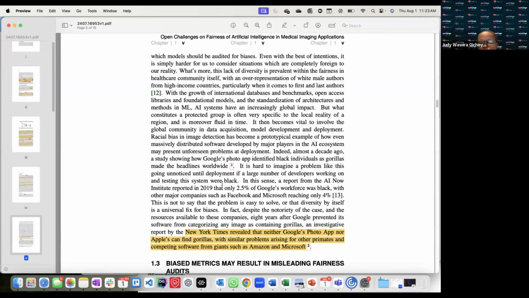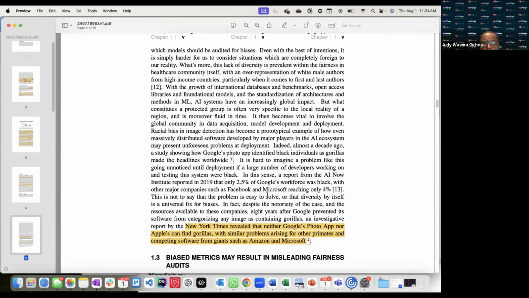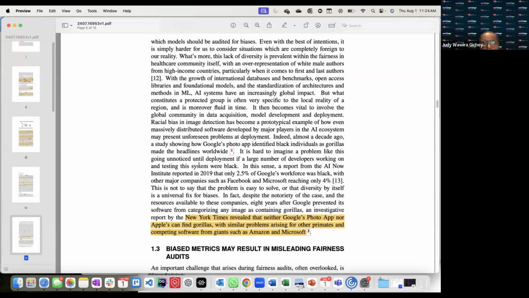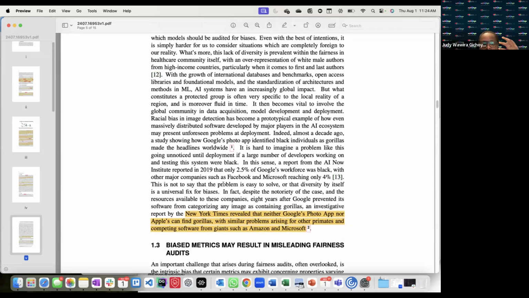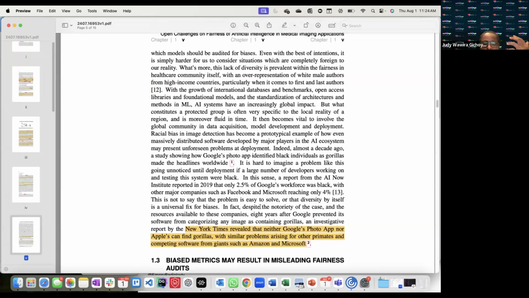There have been examples like using nail polish. If you don't have a female workforce, you may not realize that your device is not working for that subset of the population. They say only 2.5% of Google's workforce was Black in 2019, with 4% at Facebook and Microsoft. Also a caution: it's not that the problem is easy to solve or that diversity by itself is a universal fix for biases.